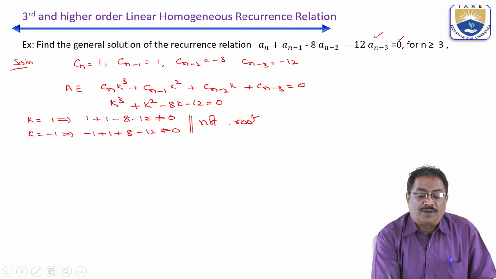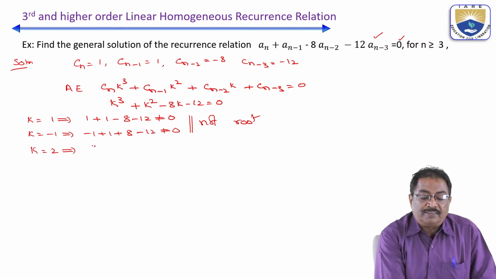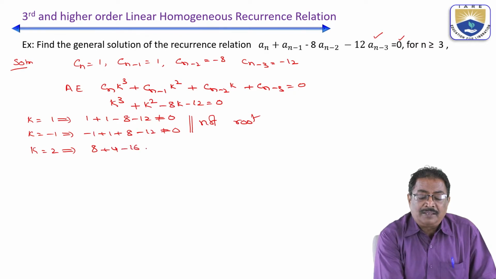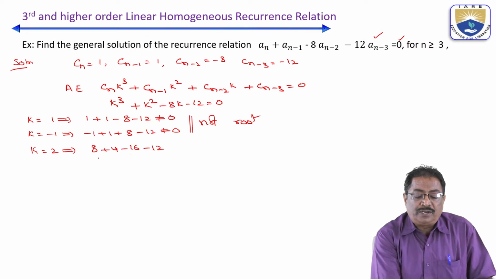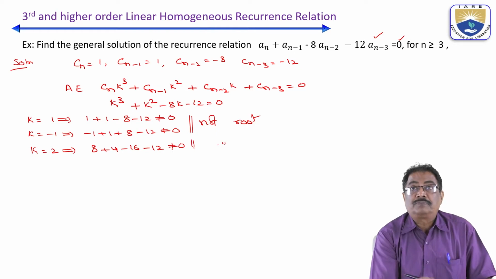Now let us go for the other one, k equal to 2. If I take k equal to 2, it is 8 plus 4 minus 16 minus 12, which is not equal to 0, so it is not a root.